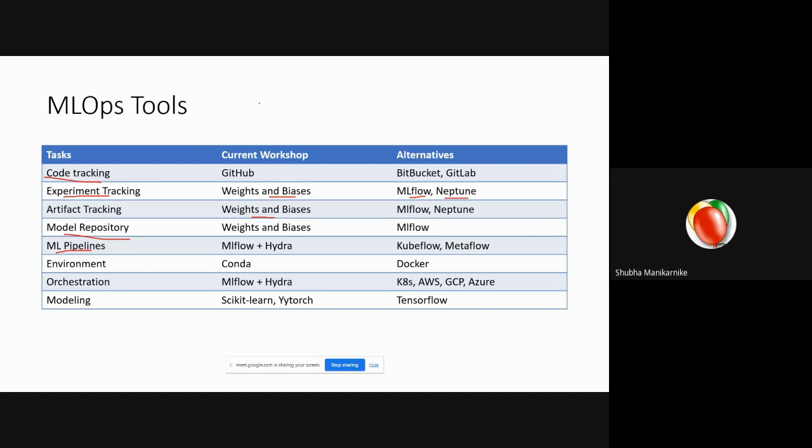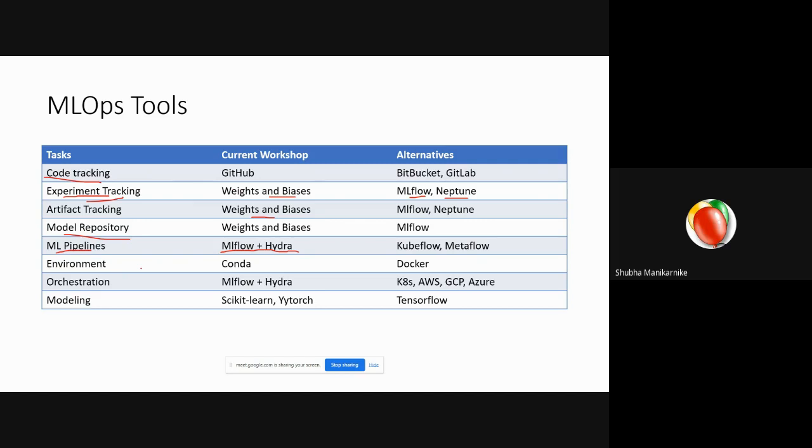You start from data preparation, validation, and so on. All of these things have to be orchestrated. So we will be using MLflow for orchestration and Hydra to manage your parameters. You can also use Kubeflow as an alternative to build ML pipelines.